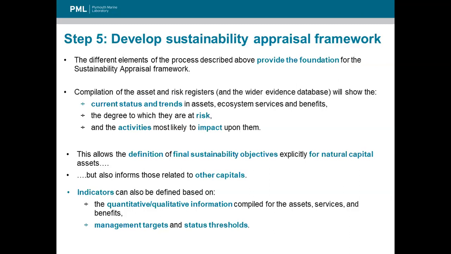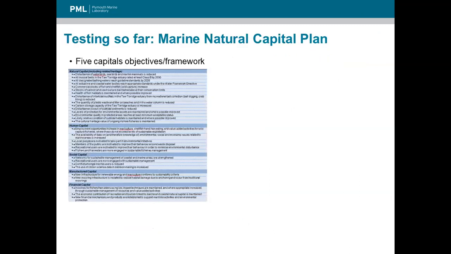It also informs those related to other capitals, particularly in terms of the interactions and the impacts of activities on assets and services. And because you've got a substantial database and understanding of what quantitative data is available, that allows the definition of indicators, management targets, and status thresholds.